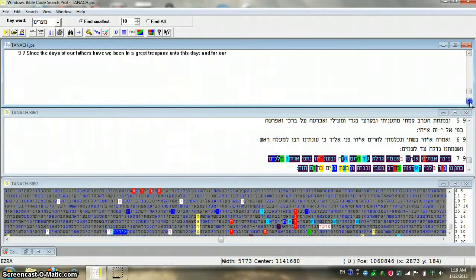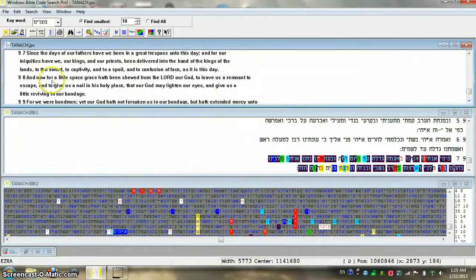Okay, that's the actual verse. And now, for a little space, grace has been shown from the Lord our God, to leave us a remnant to escape, to give us a nail in his holy place, that our God may lighten our eyes, and give us a little reviving in our bondage.